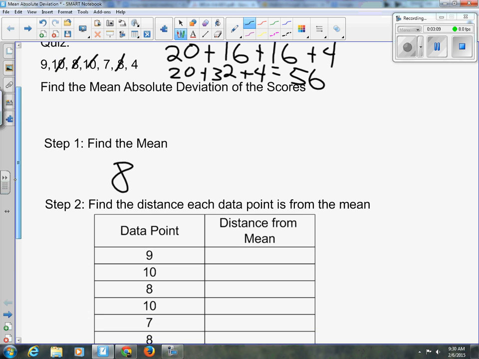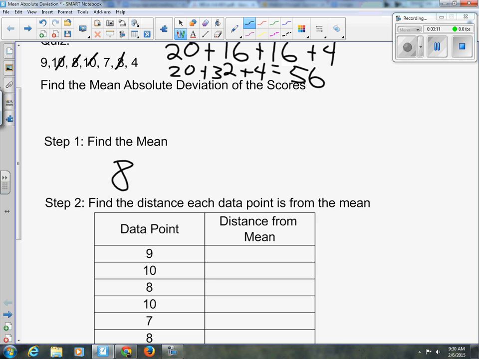And just so you know, all of these numbers right here come from right here. So 9 right here, that's the 9. 10 right here is 10, and so on.